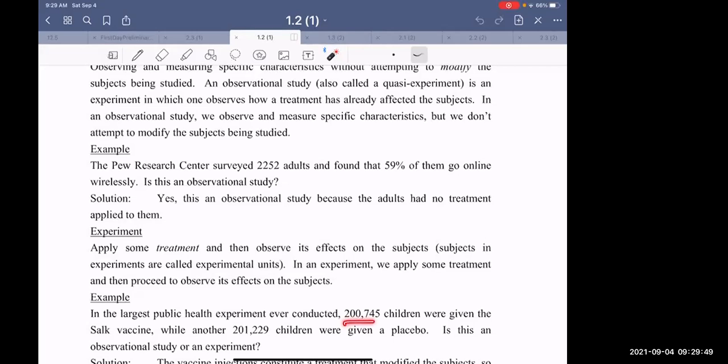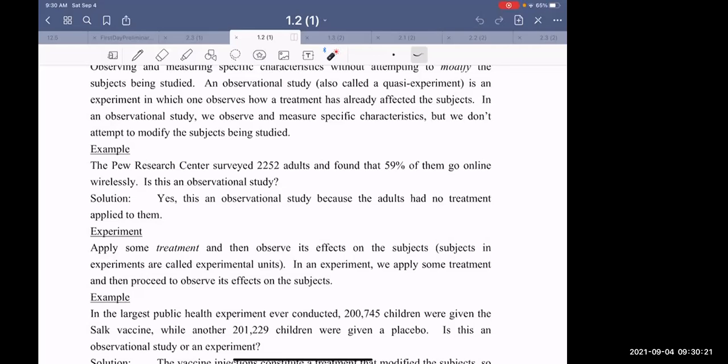They gave 200,000 children the vaccine. It was actually supposed to be 1 million people. They were supposed to give, I believe, 1 million children the Salk vaccine, and another million children were supposed to be given basically nothing. They were just injected with saline solution. And then they observed what was happening.